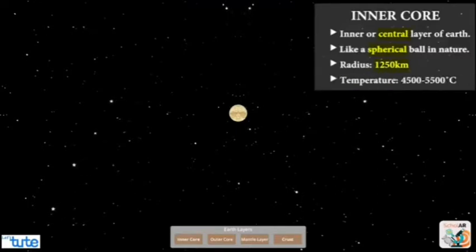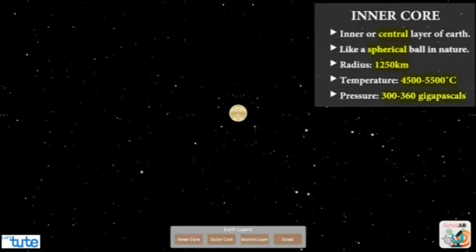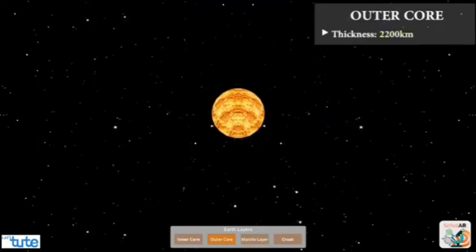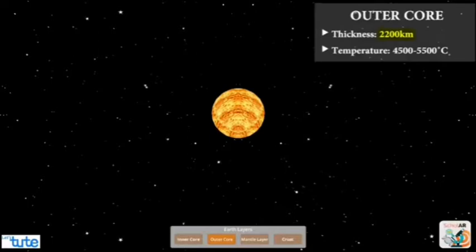The temperature of Earth's core ranges between 4500 to 5500 degrees Celsius, facing a pressure of 300 to 360 gigapascals. Next is the outer core. It is about 2200 kilometers thick and has a temperature similar to the inner core, 4500 to 5500 degrees Celsius.